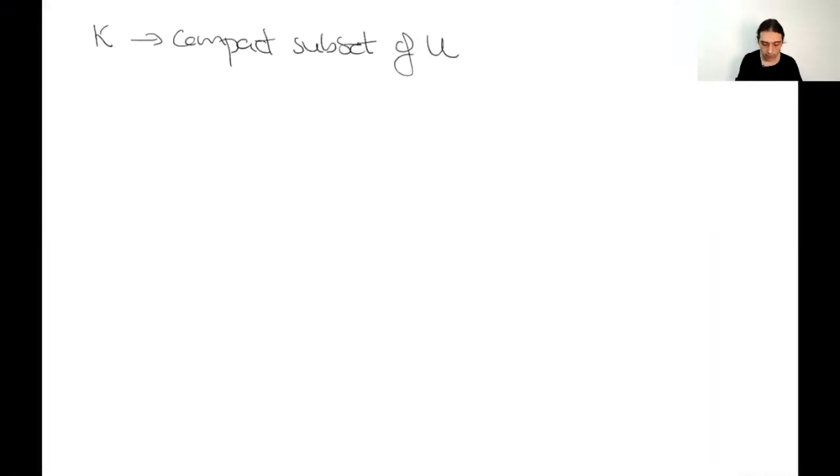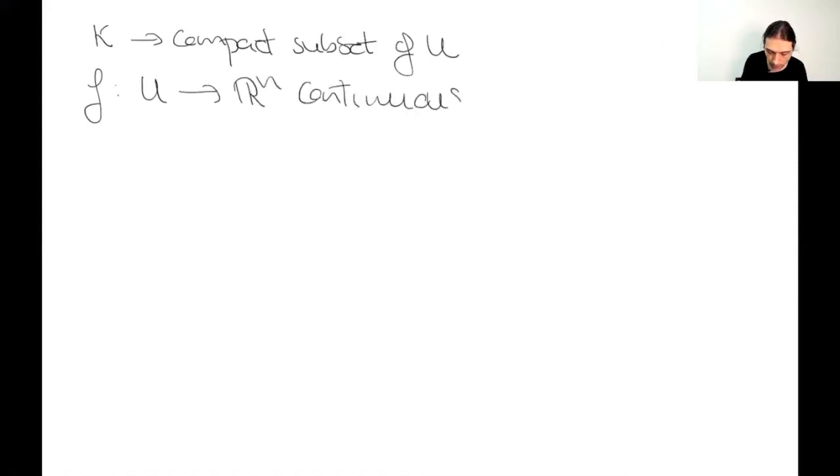So if you have K, which is a compact subset of U, what we have is that since K is compact and the map f is continuous, then it is uniformly continuous in the compact set.